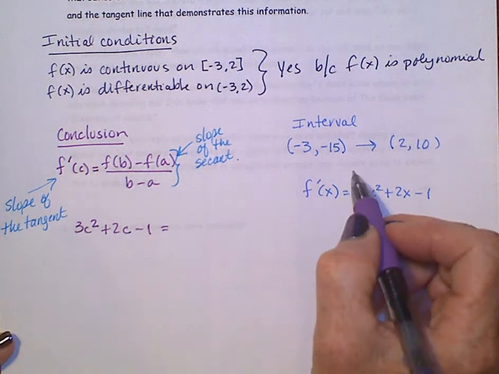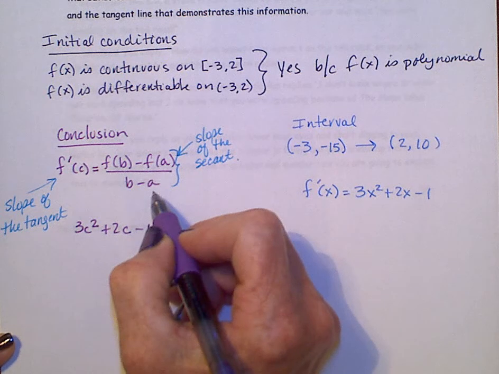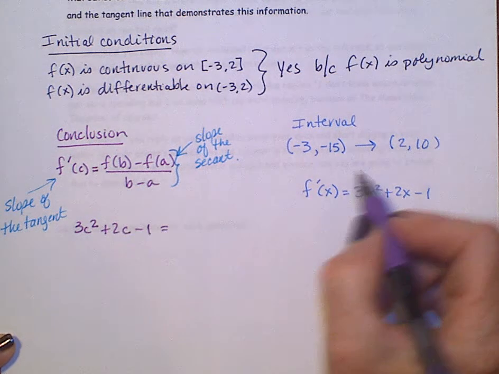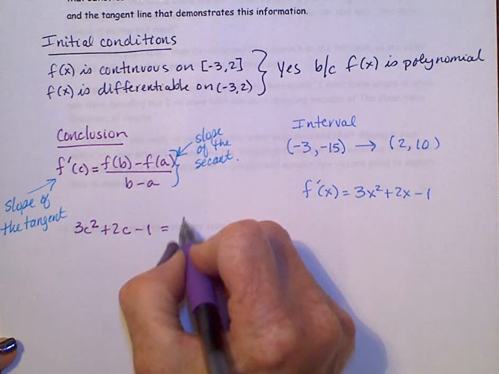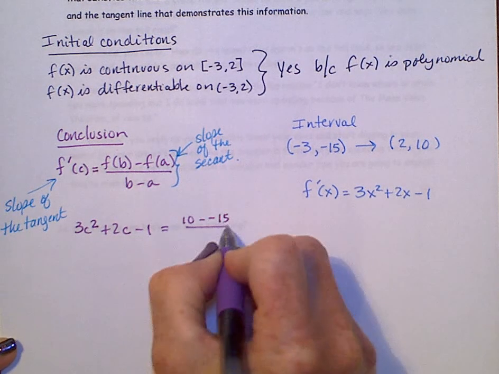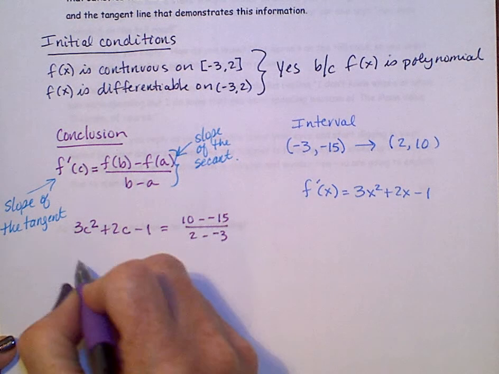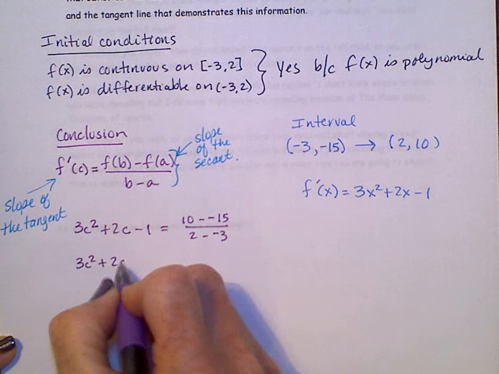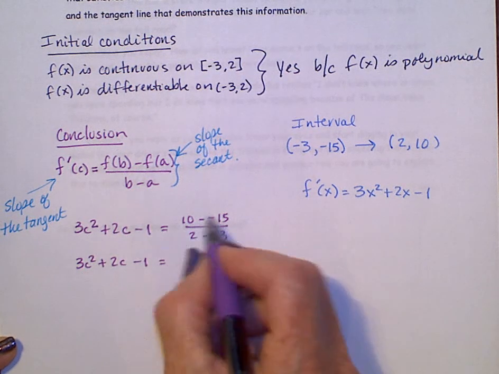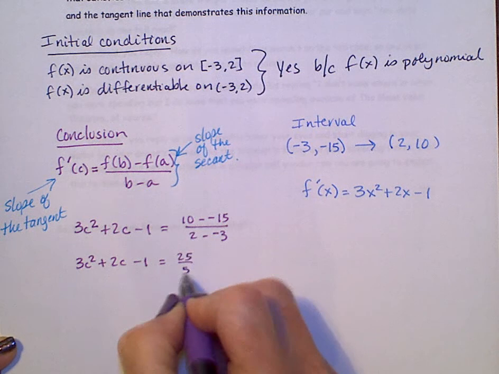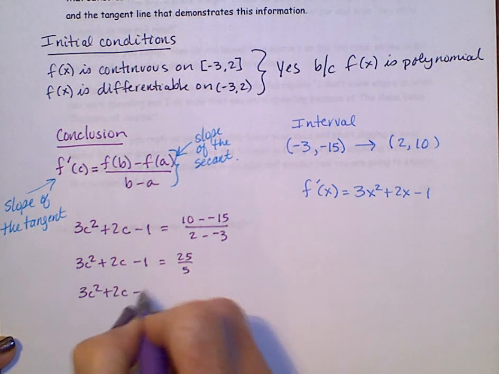Well, we can follow this formula, f of b minus f of a all over b minus a, but if you know that that's the slope of the secant, then just find the slope between these 2 points, which would be 10 minus negative 15 over 2 minus negative 3. And we have 3c squared plus 2c minus 1 equals 25 over 5, or just 5.